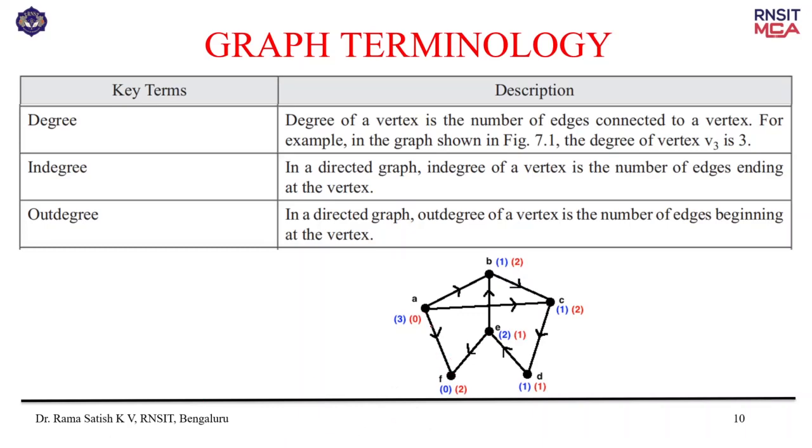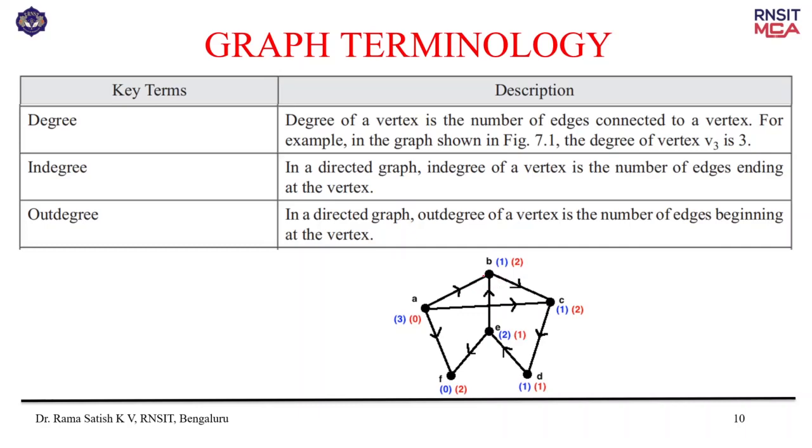Two lines are connected, so it's 2 degrees. And E, if you look, 3 lines are connecting, 3 degrees. And C, if you look, 1, 2, 3, 3 degrees. And B, if you look, from A to B there is a link, B to E there is a link, and B to C there is a link.